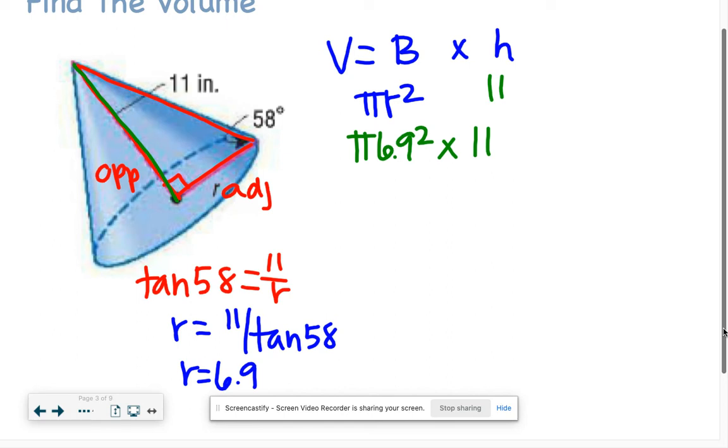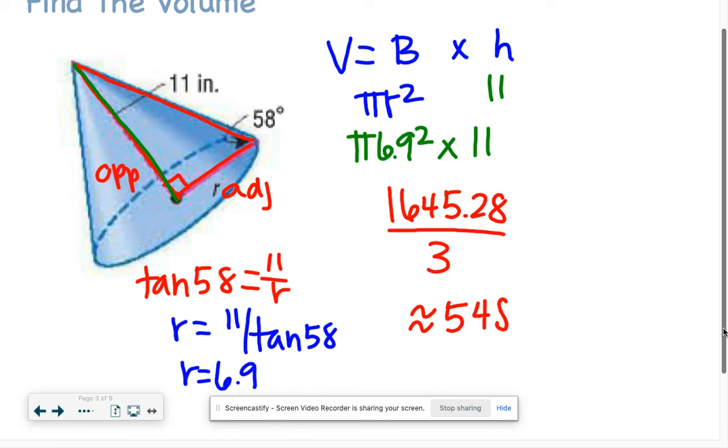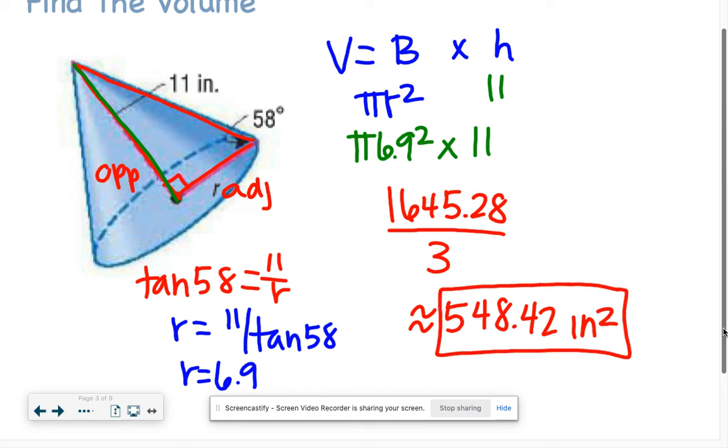I'm hoping you're getting about 1,645.28-ish. And then since it is a cone, we do indeed divide it by 3 for a grand total of 548.42 inches squared. Wow, amazing. You did it.